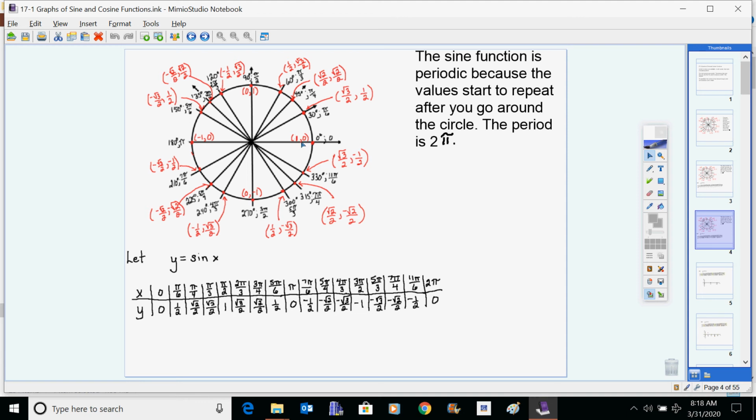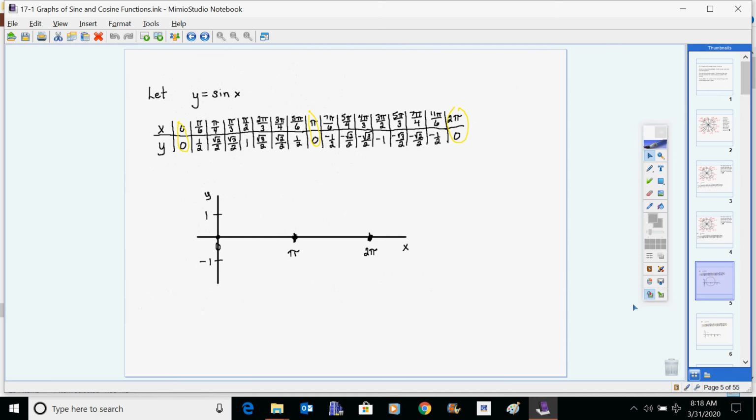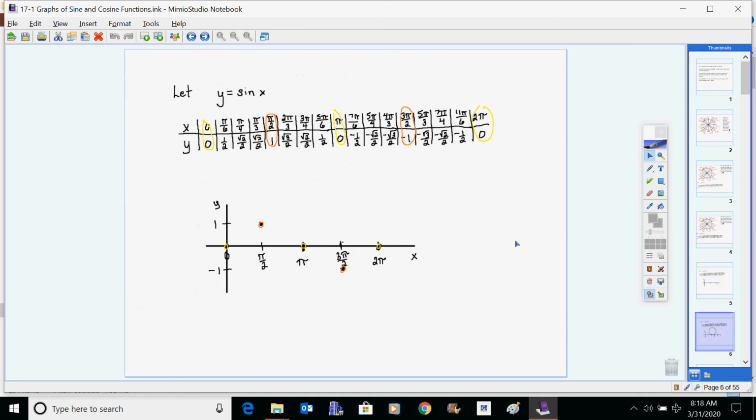So if you were to take a piece and think about where that would be on a graph, you would be looking at the lengths of these pieces, and they're never going to be longer than 1 when you're thinking about them coming up like that. So back to here, at pi over 2 we have 1, and at 3 pi over 2 we have negative 1. So these points right here are all the very important points when you're graphing.